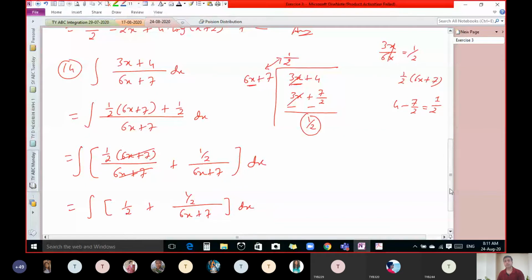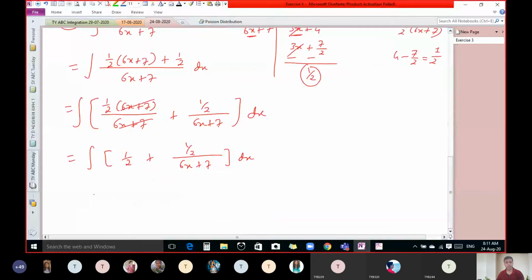Now it's a simple question, take separate integration of each. So integration of 1 by 2 dx plus, you can take this 1 by 2 constant outside from the integration. So we get 1 upon (6x plus 7) dx.